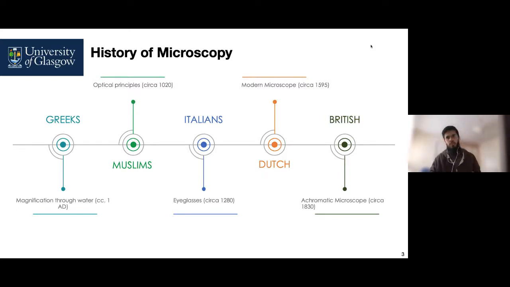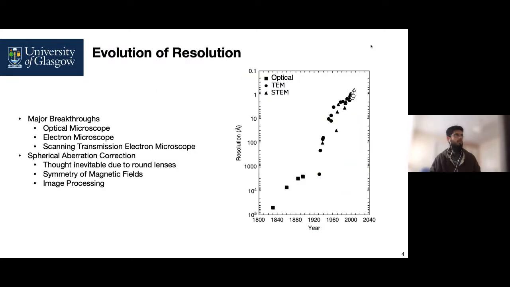So this is like a brief history, and then beyond this time scale, we start seeing modern developments in microscopy. So in terms of resolution capabilities of microscopic techniques, we see some trends in this graph that you see.